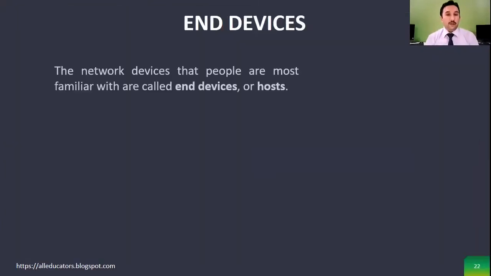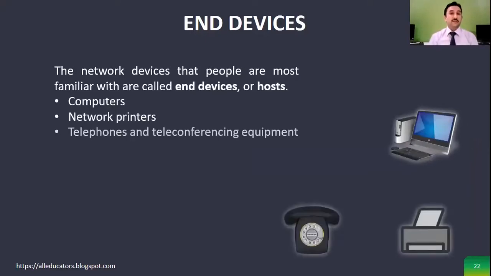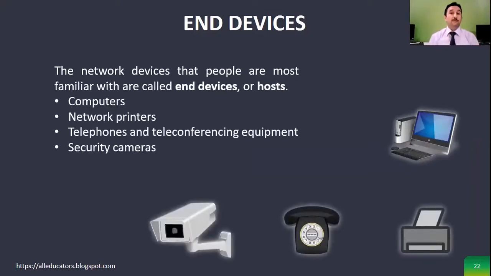So, if we want to know some of the end devices, the network devices that people are most familiar with are called end devices or hosts. These devices form the interface between users and the underlying communication network.